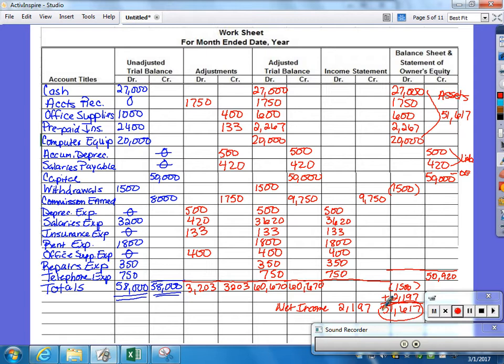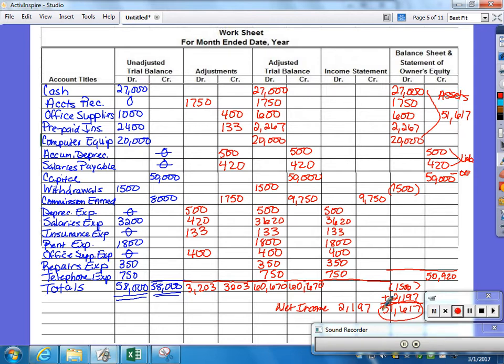Okay, so you added the total assets... No. Subtracted. You added liabilities plus owner's equity, and you subtracted withdrawals and added net income.